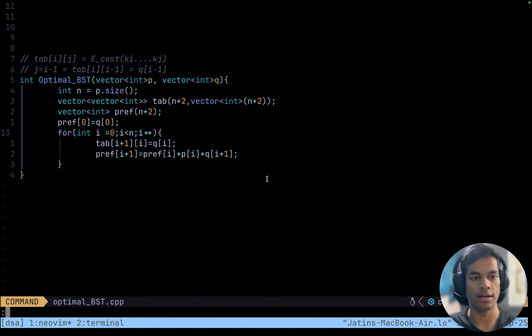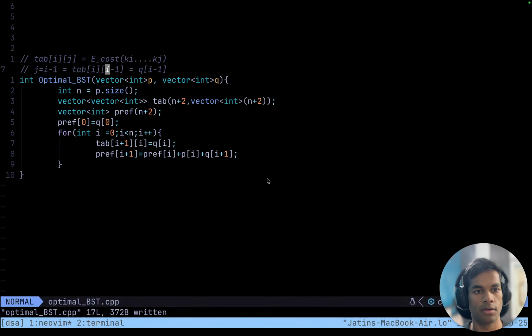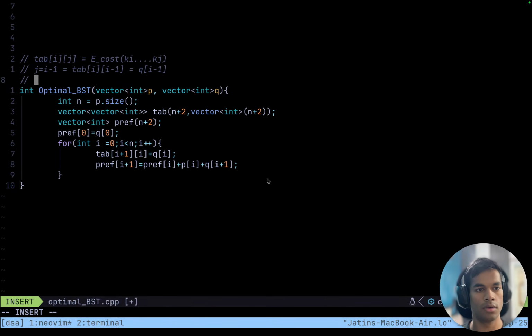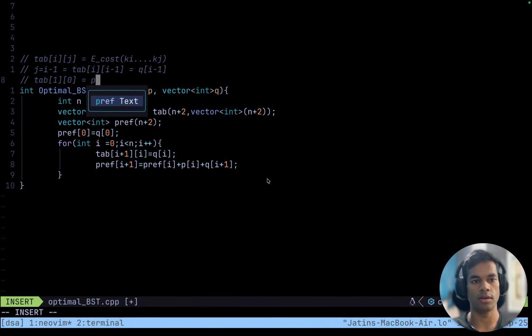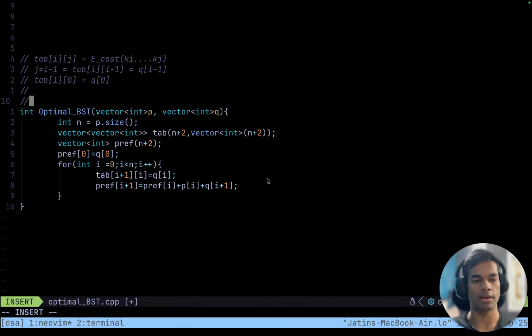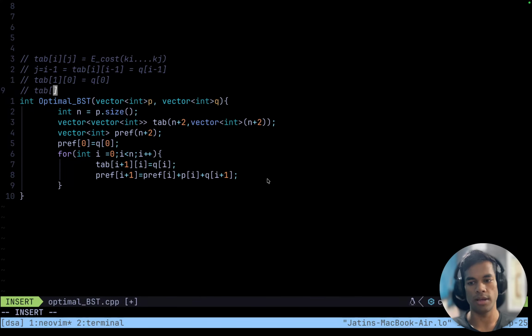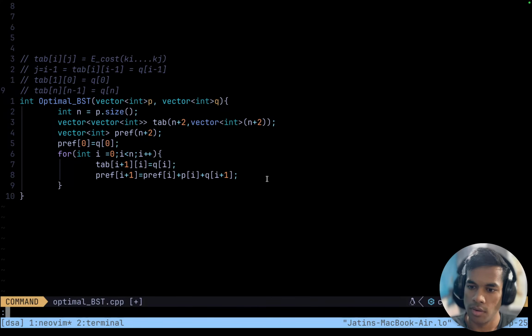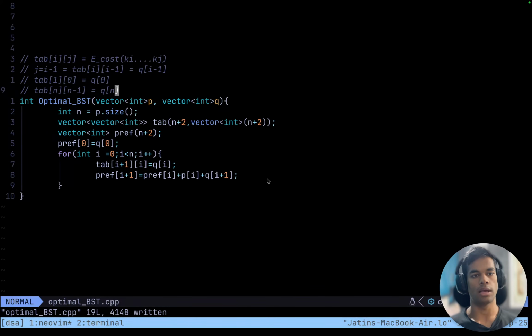So the minimum value of tab can be, something like that, right? 1 and 0, which would be q0, and the maximum value that tab can have would be n minus 1, which would be qn.